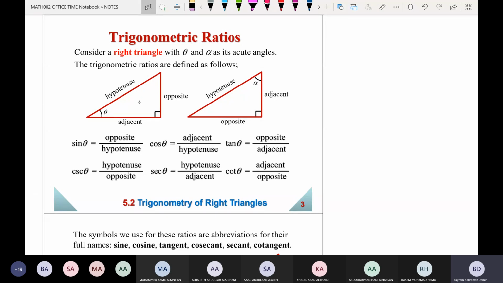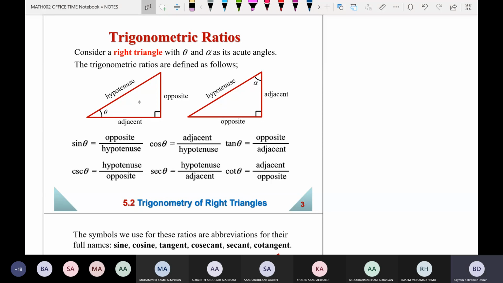And the adjacent and opposite just depends on which angle we are studying. If we have the theta here, that means adjacent is on this horizontal side here, and the opposite of the theta is the vertical side of the right triangle.